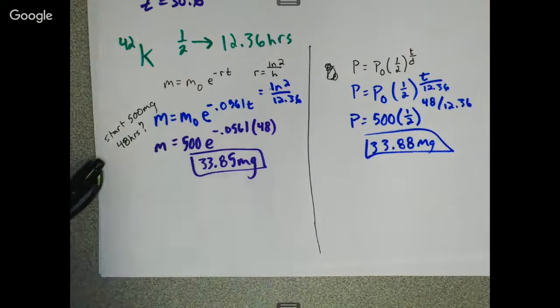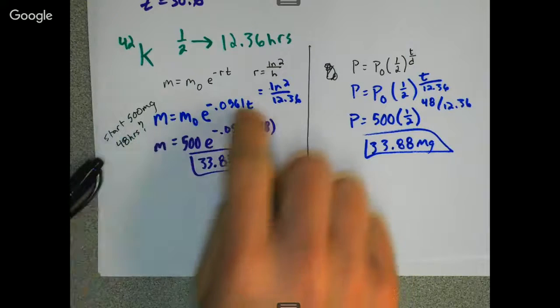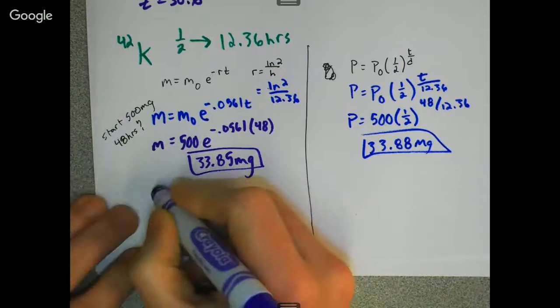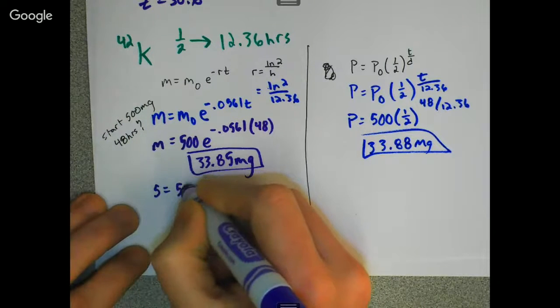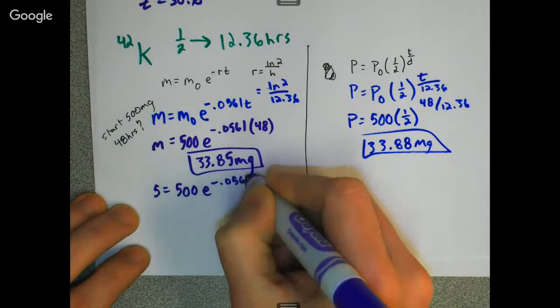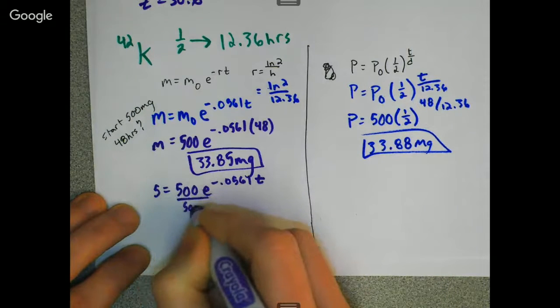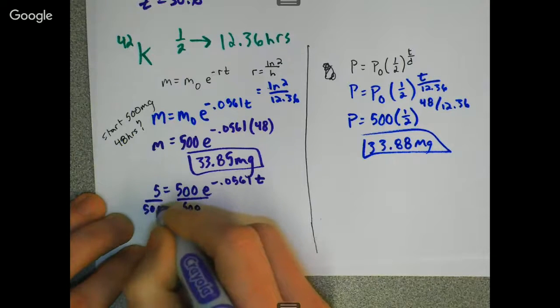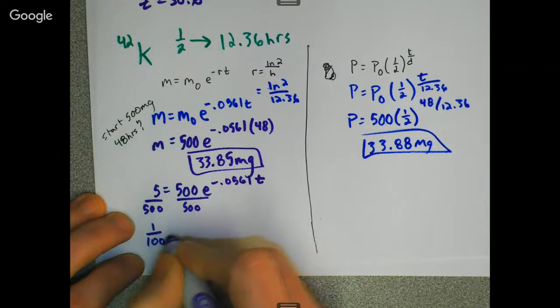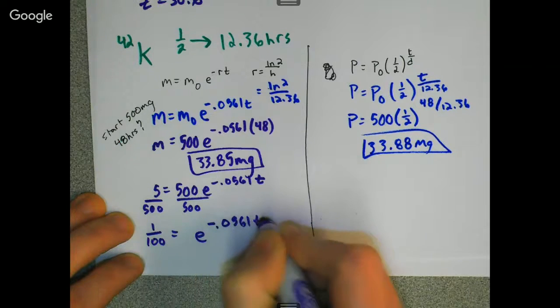All right, and the third part said, how long will it take for the 500 milligrams to go to 5 milligrams? So in this case, we know start and stop, and I want to know the time. So if I want to go to 5 milligrams, but I start at 500, I'm looking for t. Okay, so we'll divide by 500. We'll get 1 over 100 equals e to the minus 0.0561 t.